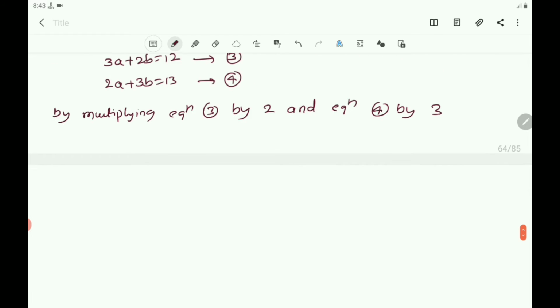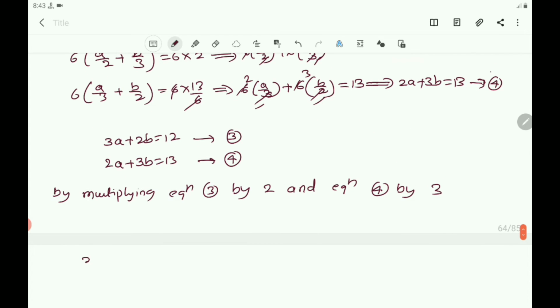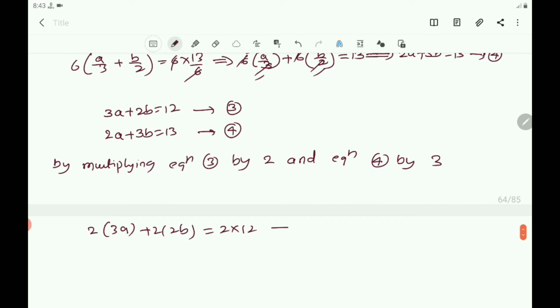Then the equation becomes: take the first equation multiplied by 2, that means 2 into 3a plus 2 into 2b equals 2 into 12. That becomes 6a + 4b = 24.